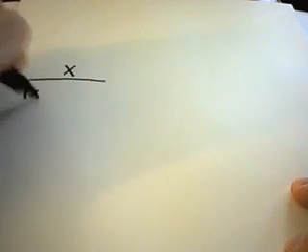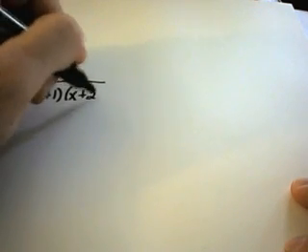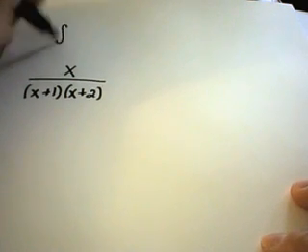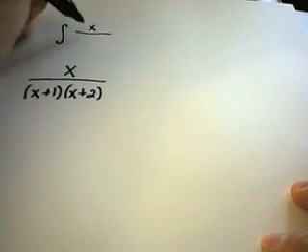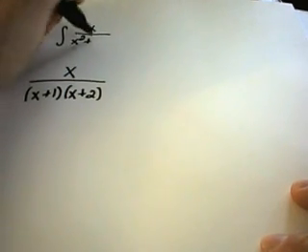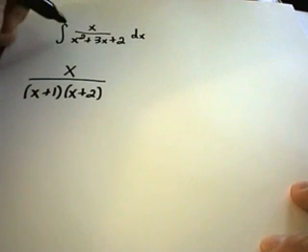A partial fractions problem, and suppose it factors, if it's not already factored in the denominator, as x plus 1, x plus 2. So suppose my original problem could have even said integrate x times x squared plus 3x plus 2.